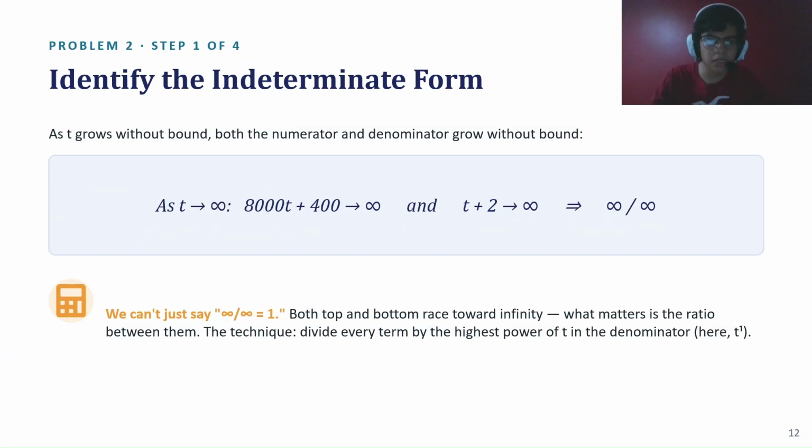Here we are going to see. Identify the indeterminate form. As t grows without bound, both the numerator and the denominator grow without bound.